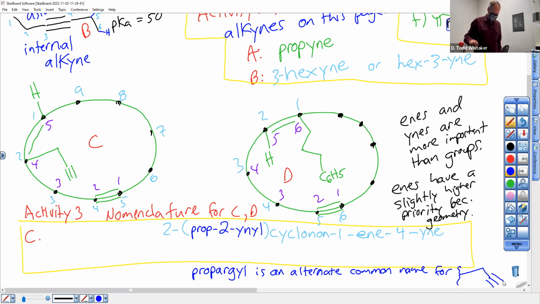The triple bond is on the first part. Then it has no common name and it would be prop-1-ynyl. Her question was, if the triple bond was starting here and ending here, the name would be prop-1-ynyl, just like this with a 1. And there is no common name for that.